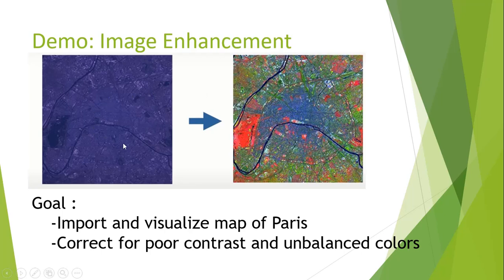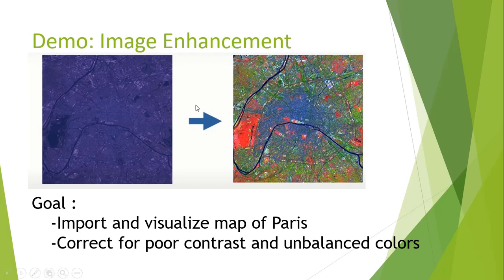This image is literally blurred, literally vague, it has no color, it's a little more purple. How can we enhance this image to become an image like this one? That's the goal for us to do this week. So our goal is to import and visualize an image.